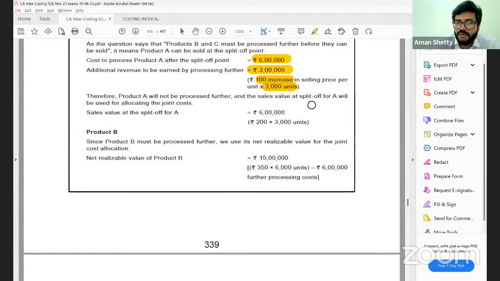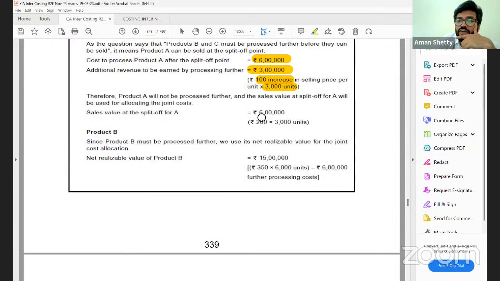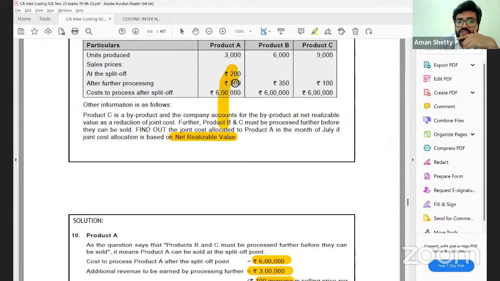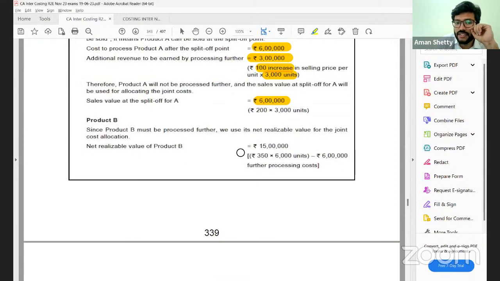No. Why? Because incremental revenue is less than the incremental cost. So I will not further process. Next. Sales value at split off for A is 6 lakh. We have already done it. How? 200 into 3,000 is sale value at split off for product A. Clear? 6 lakhs.